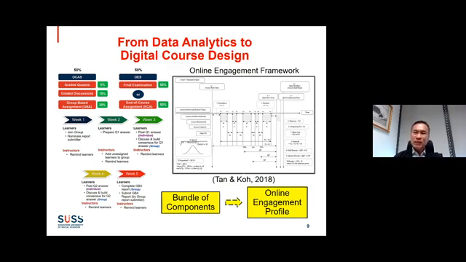Now, what we see on the right-hand side is the online engagement framework that Jess and I developed in 2017, presented in 2018. Essentially, what we believe is this: online engagement, or more generally, learner engagement, is important.